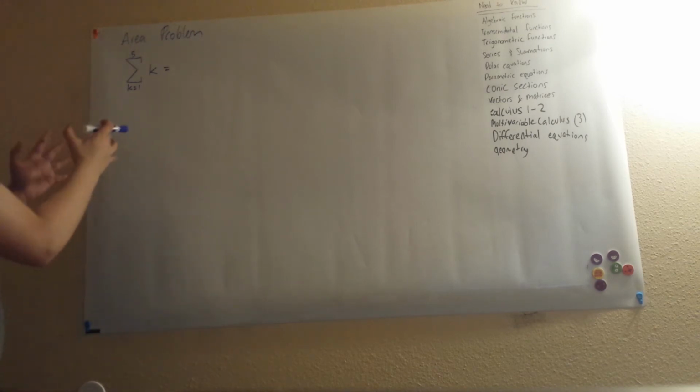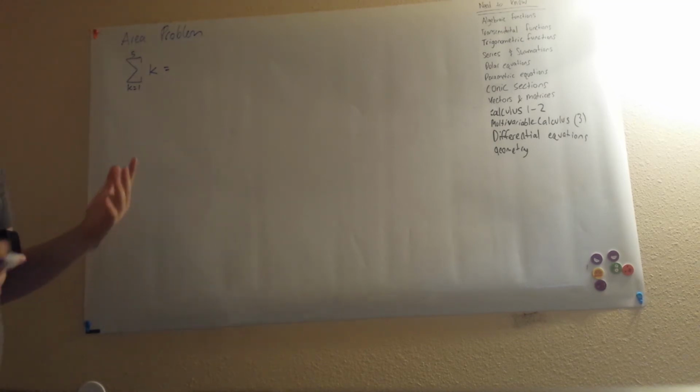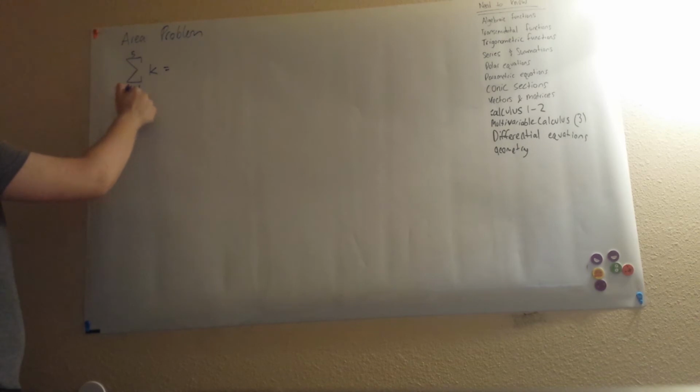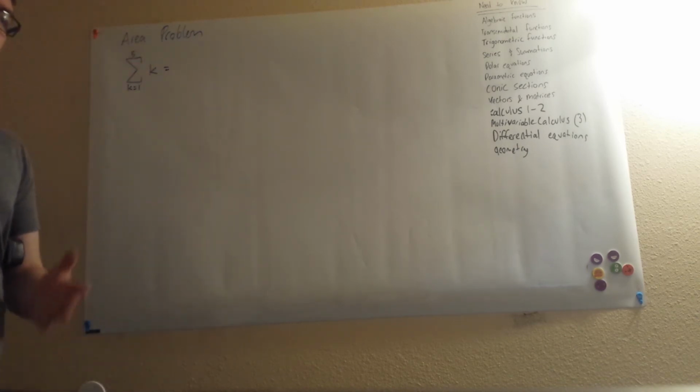What in the world does this even mean? Well, summation means we're adding things. It's the sum of all the things you're adding. This is what it's saying: we're finding the sum from k equals 1 to 5 of k.